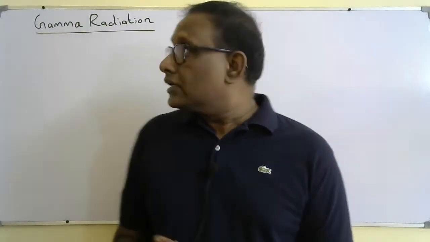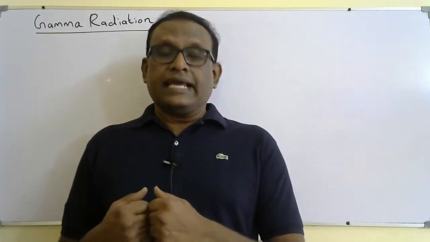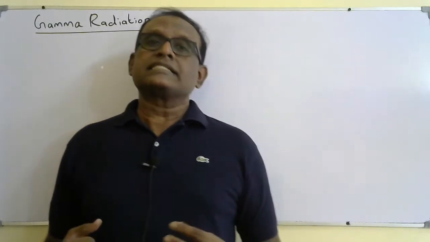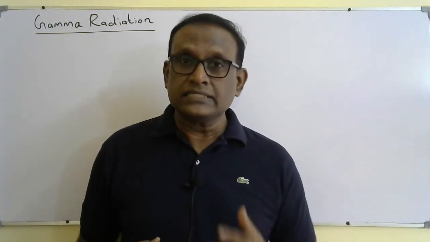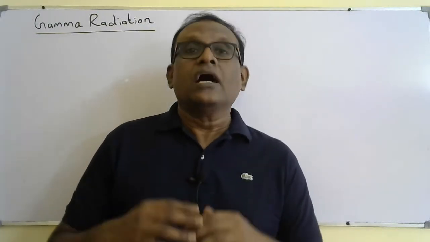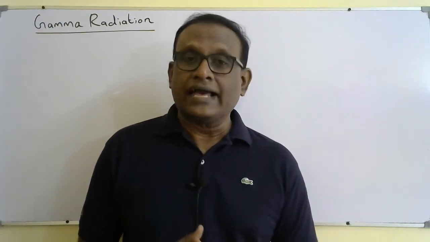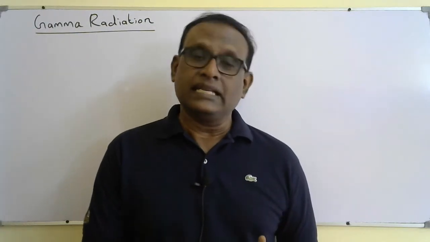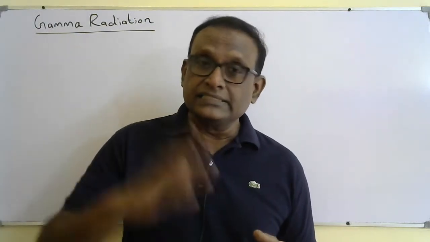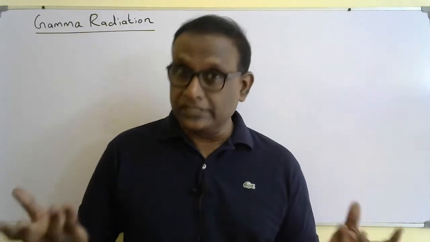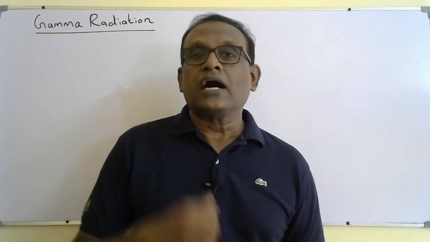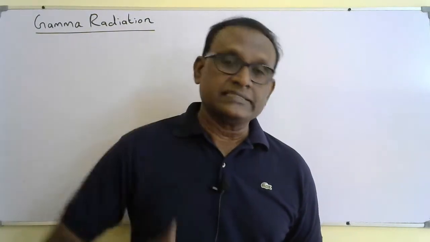Anyway, according to one of the models, as I told in unit 1 also, inside the nucleus the nucleons are arranged. The protons and neutrons are arranged in different energy levels, like what we learned in unit 2 in spectra. There we learned that electrons are at different energy levels or different shells around the nucleus. Like that, inside the nucleus, nucleons are kept in different energy levels.